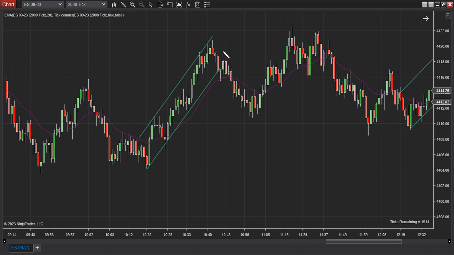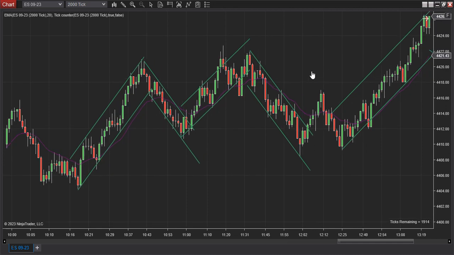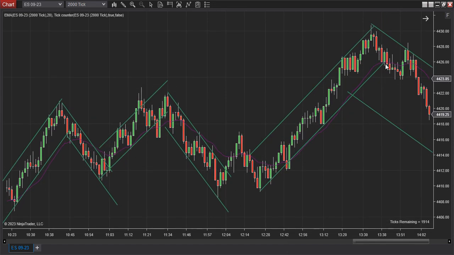We have a bear channel, top to bottom, wick to body, bear channel, bull channel, and bear channel. We can do this over and over and over again for all of eternity. The market moves in channels. There are channels everywhere.